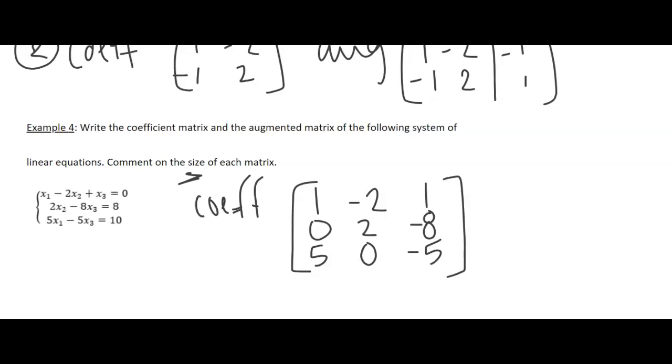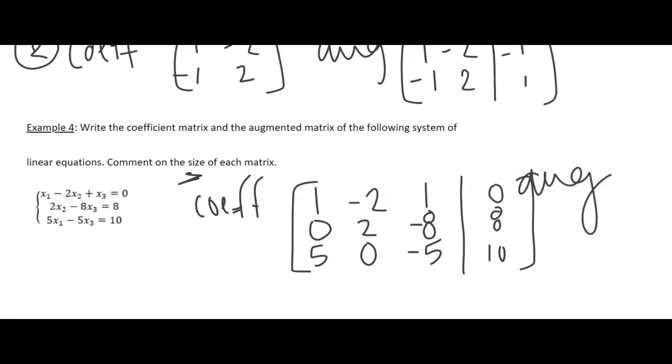If I wanted to make this an augmented matrix, the only thing I would have to do is add in that side. Now in the textbook, it's not going to have this line here.